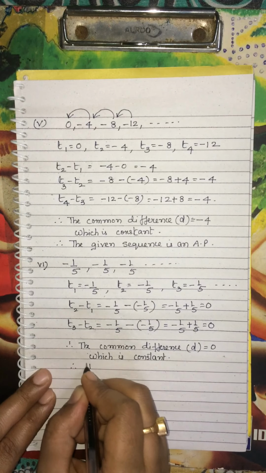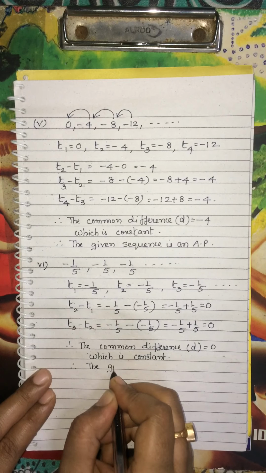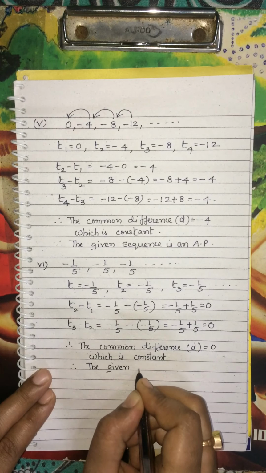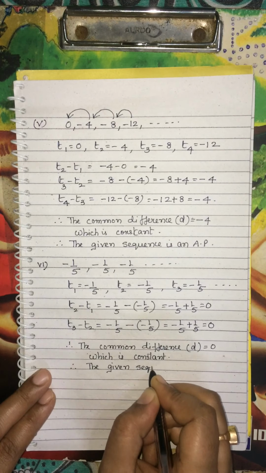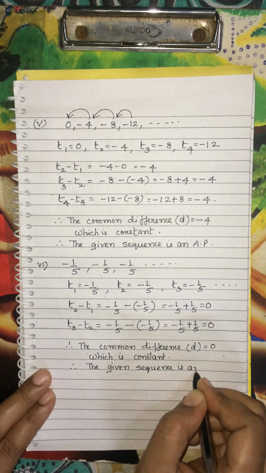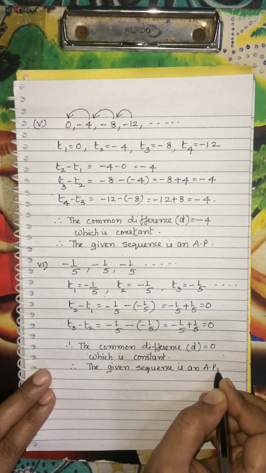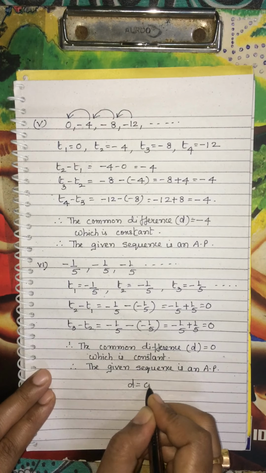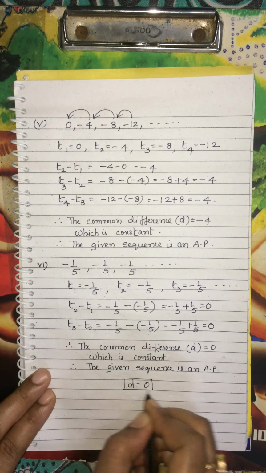Therefore, the given sequence, we will say that it is in AP as you have got D is constant 0.